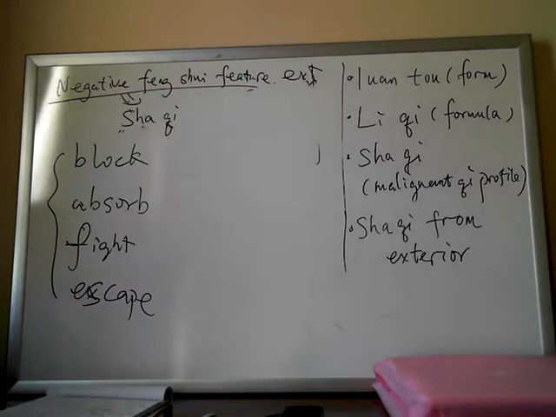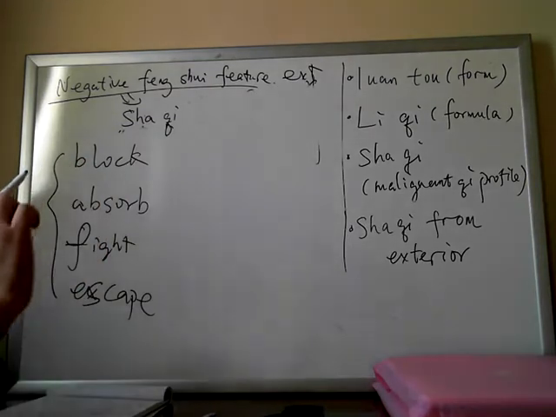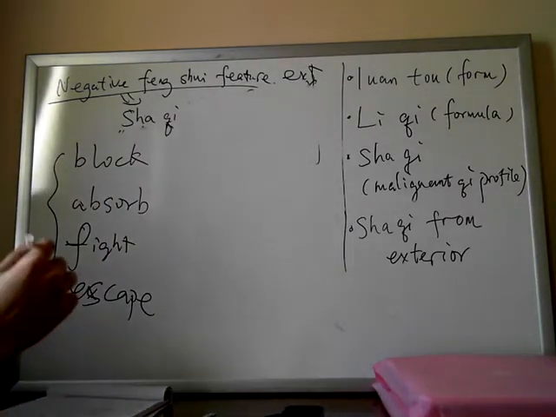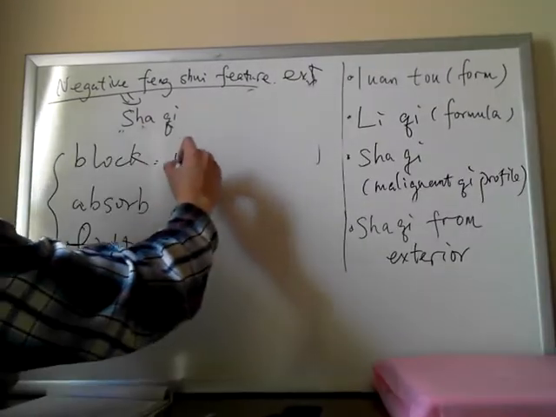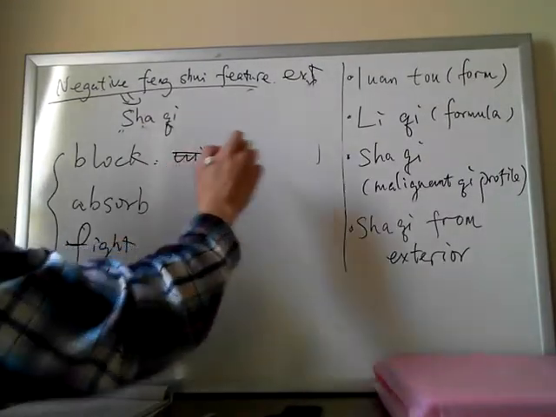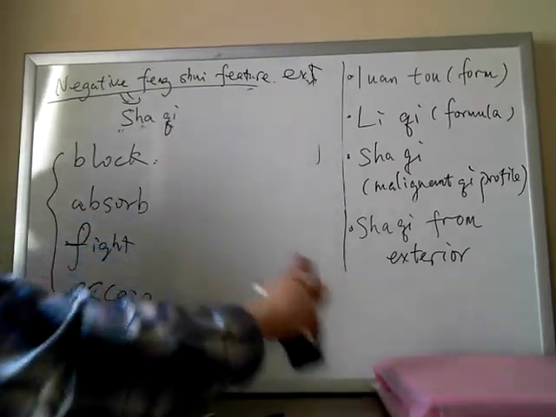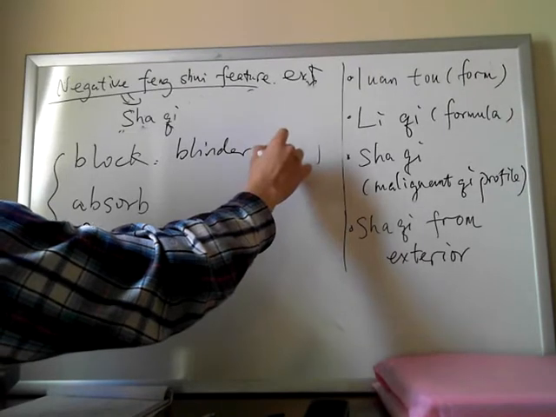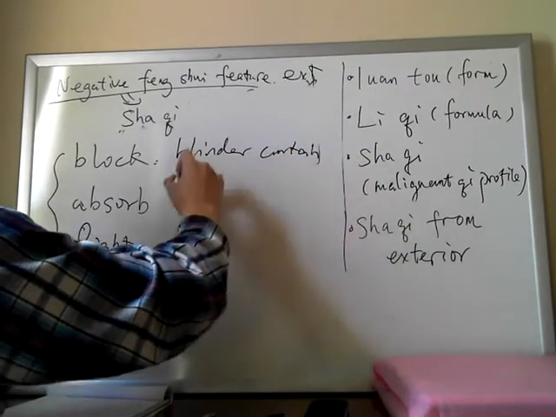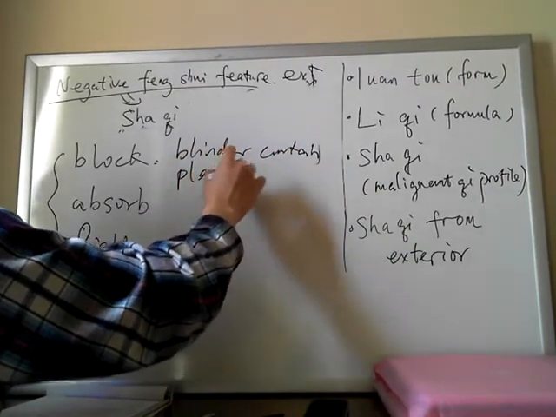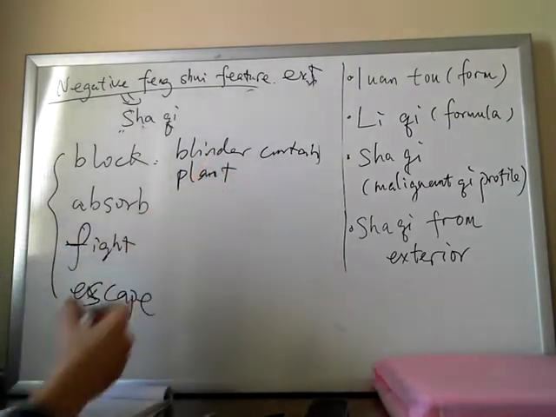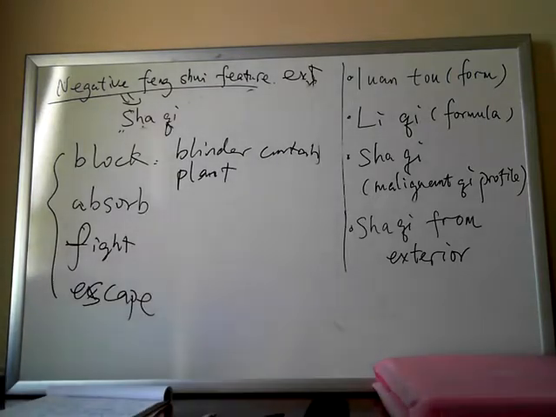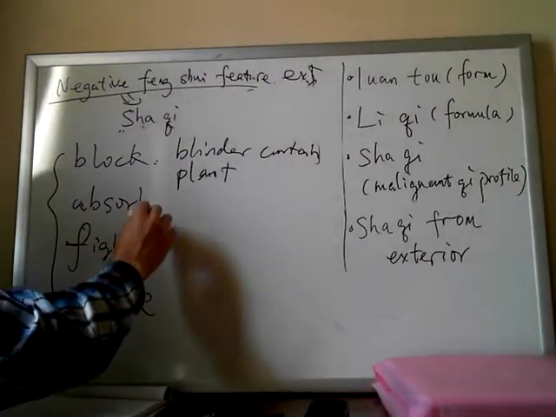Use the curtain to block it, or whatever. Usually the curtain, the window, the blinder. Sometimes we use plants. Plant is a very effective weapon in feng shui. We use that a lot.